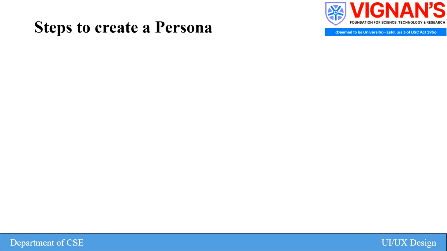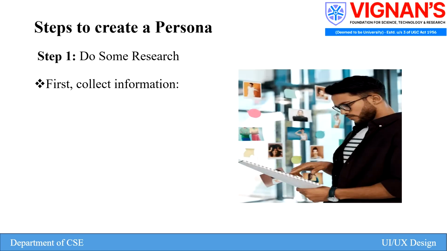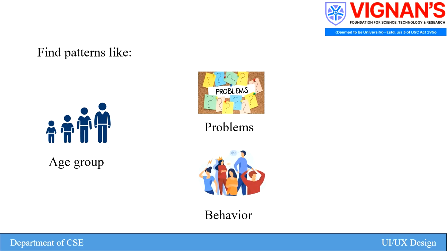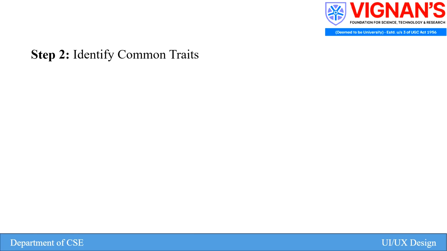Steps to create a persona. Step 1. Do some research and collect information using different methods like surveys, interviews, observations, Google Forms, and social media reviews, etc. And find the patterns like age group, problems, behaviors, and goals, etc. Step 2.